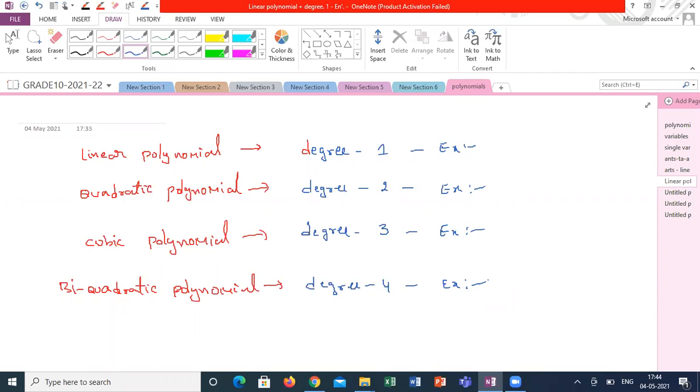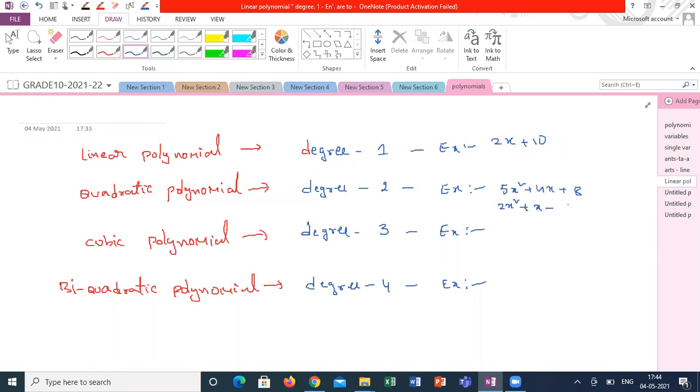2x plus 10. Yes, super. Next. 5x square plus 4x plus 8. 2x square plus x plus 8. So this also comes under quadratic polynomial.